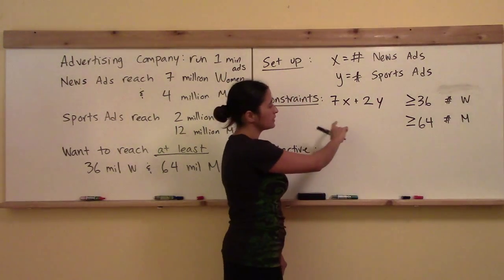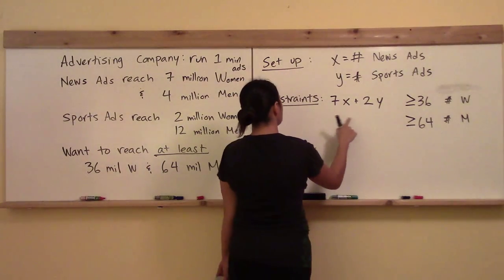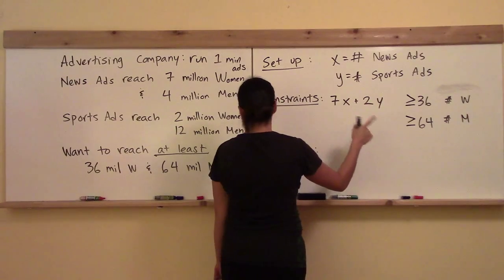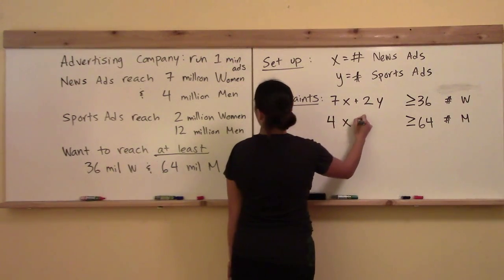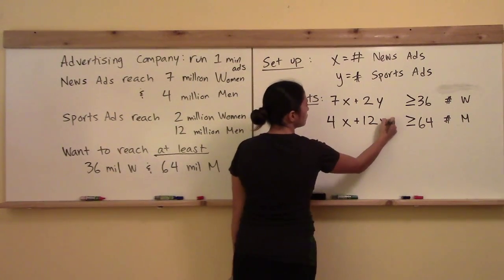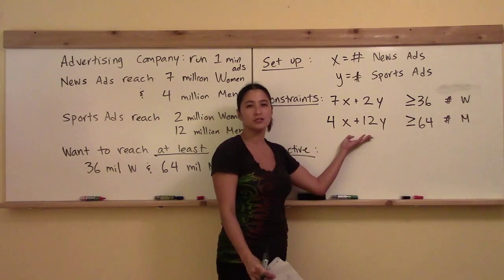That's why I have 7x plus 2y is greater or equal to 36. Okay, 64, that's the number of millions of men I want to reach. And 4 million are reached with each news ad, and 12 million are reached with each sports ad. And there you go, that's the linear system.